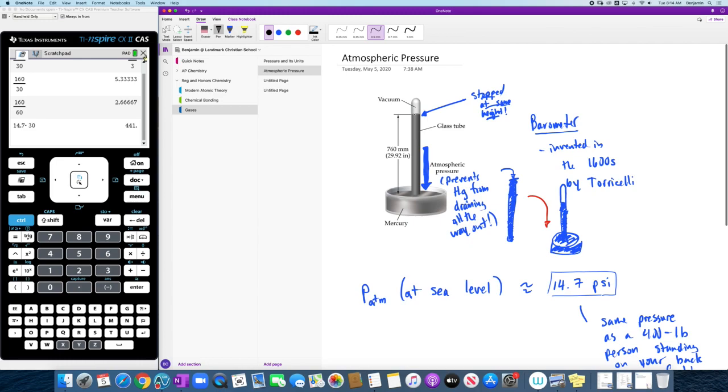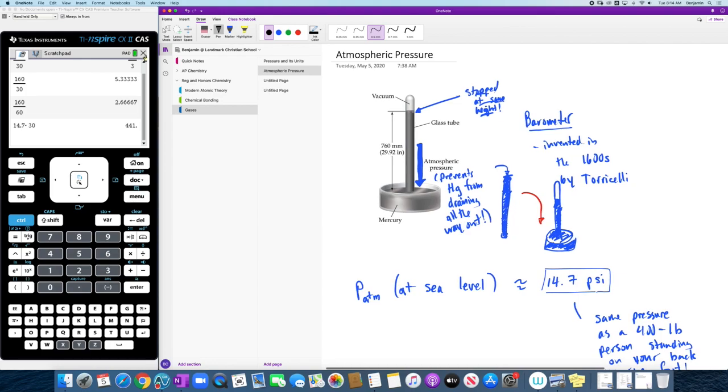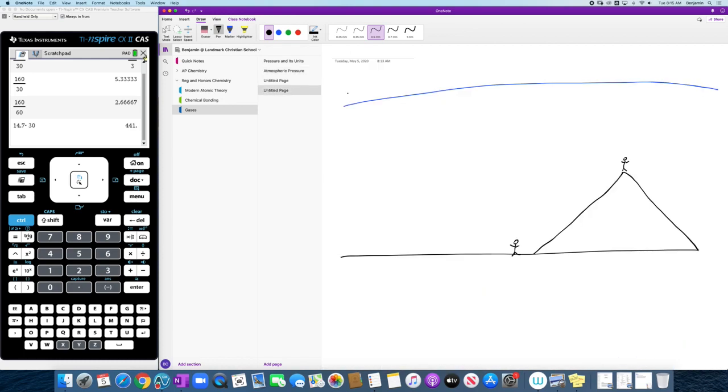And he saw that as he would walk up the mountain, even more mercury would drain out because there's less atmospheric pressure preventing that. And as he would walk back down the mountain, there'd be more atmospheric pressure and the mercury would go back up the tube. Okay, so elevation impacts atmospheric pressure.